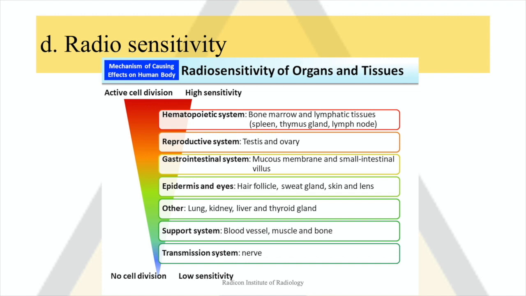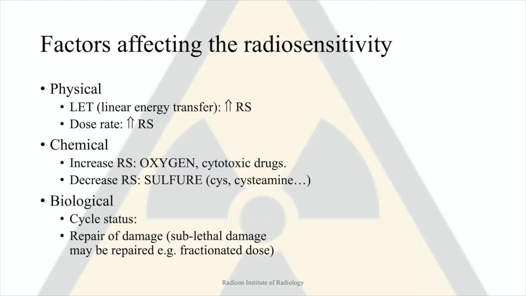In addition, the epithelium of a digestive tract is constantly metabolized and is also highly sensitive to radiation. Likewise, testicular and ovarian tissues are more radiosensitive than adult mature tissues such as bones, muscles, and nerves. For the same type of tissues, certain factors can affect radiosensitivity.